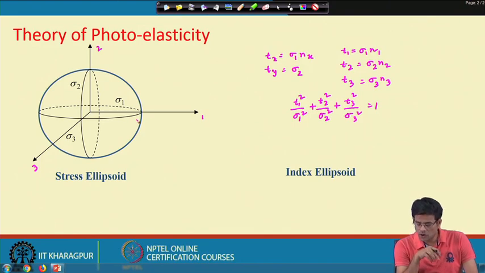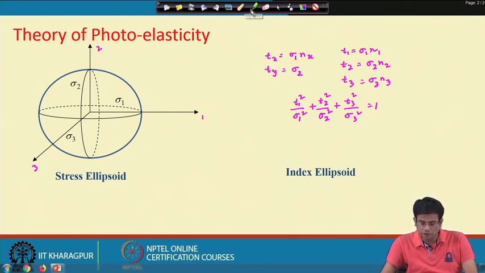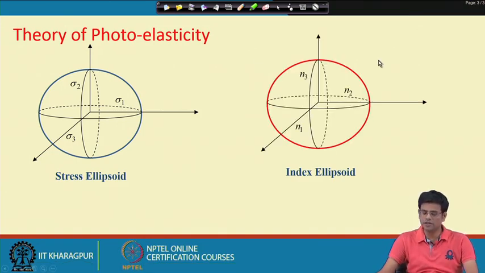Now, this concept can be extended to a birefringent material, or a material which exhibits anisotropic behavior of refractive index, at least temporarily. This formula is valid for the index ellipsoid, equivalent in terms of refractive index.